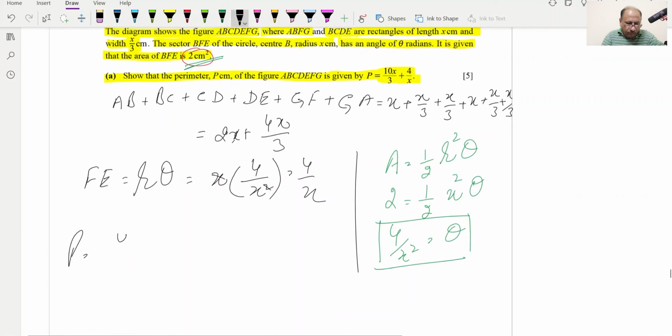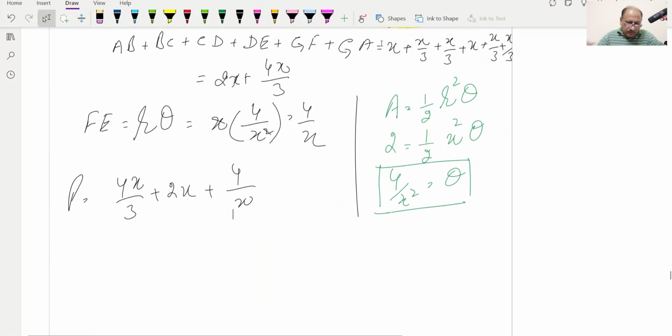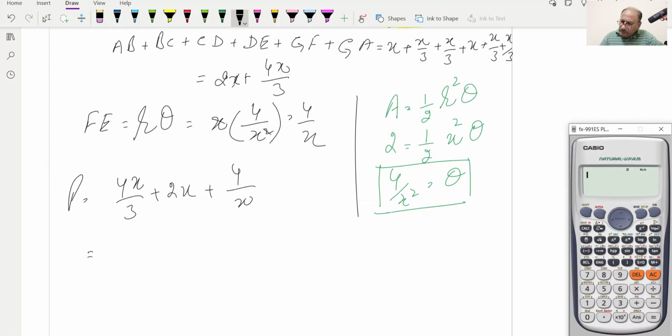So this will be 4x by 3 plus 2x plus 4 over x, and we can add it: 4 by 3 plus 2 will be equal to 10 by 3.